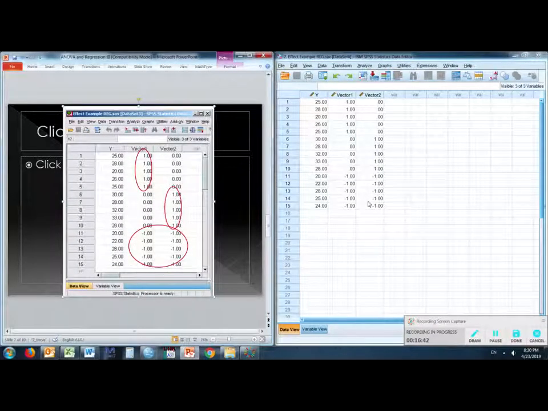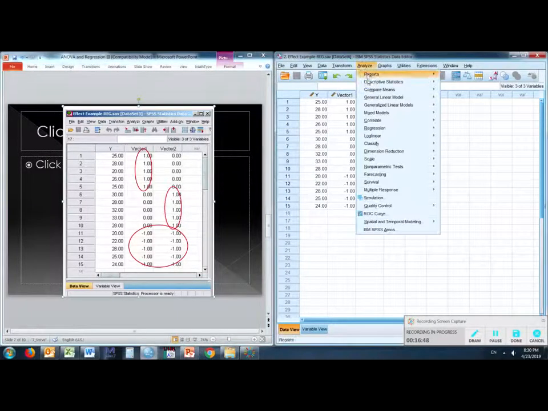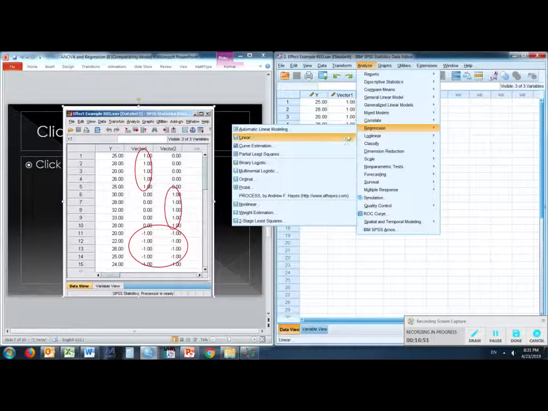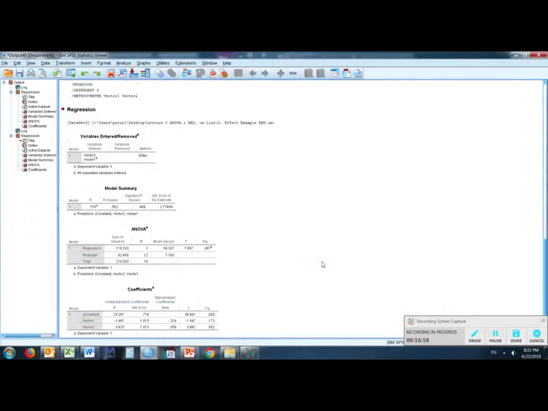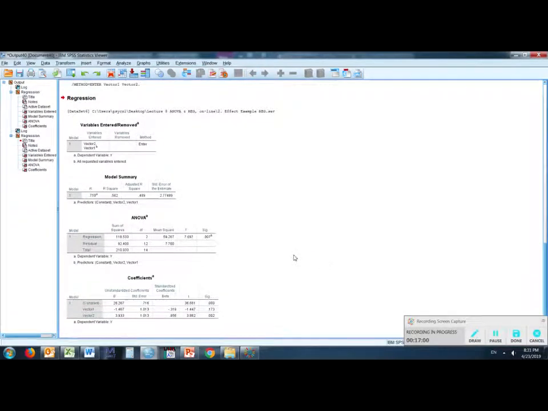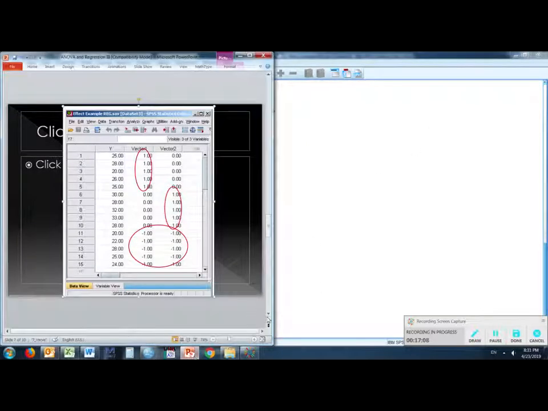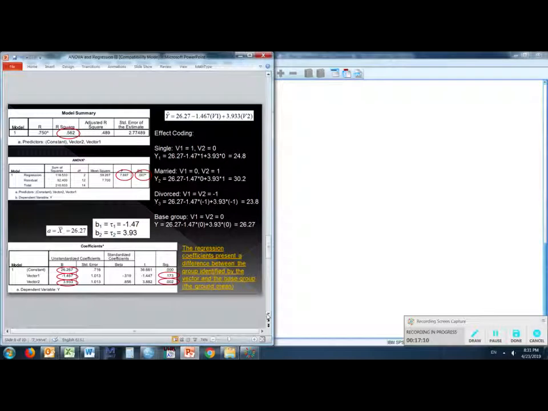Same in the SPSS. So to run the regression, we go to Analyze, Regression, Linear, Y to dependent, vector 1 and vector 2 to independent. Okay. So that is the regression based on the effect coding. Let me show you this in the PowerPoint.